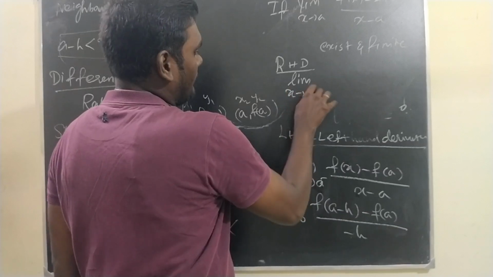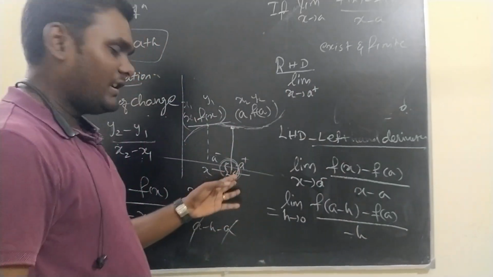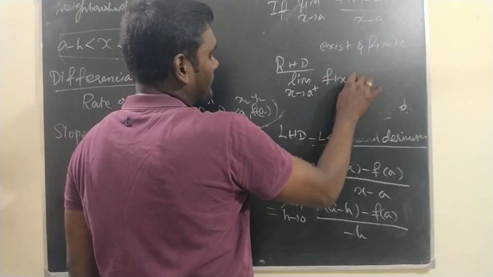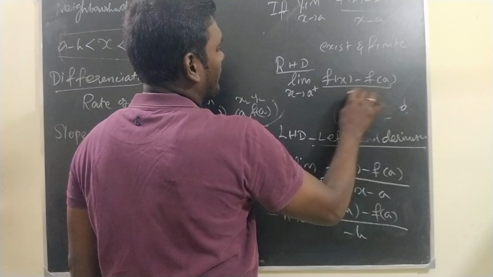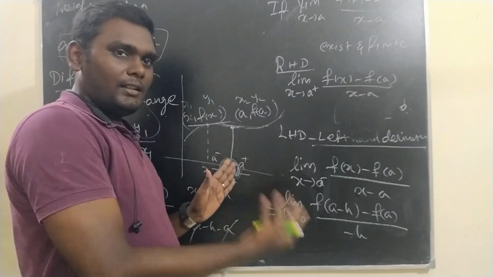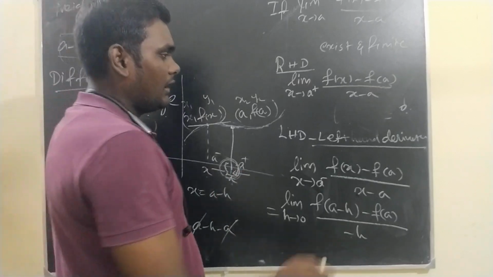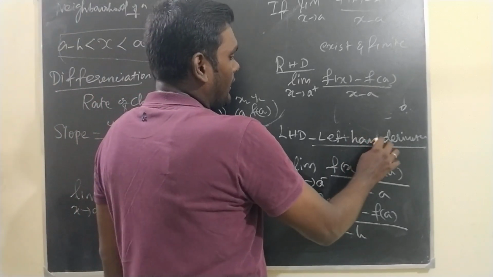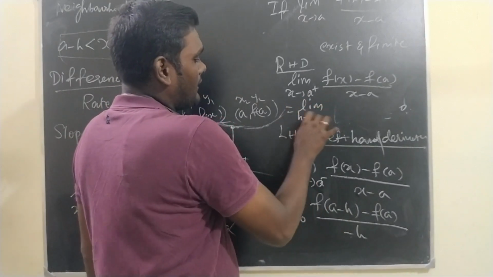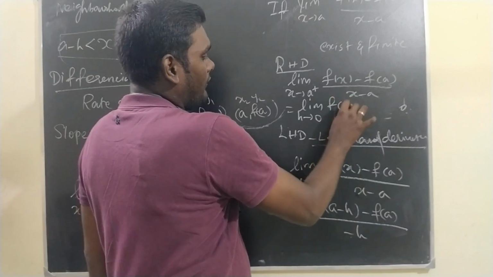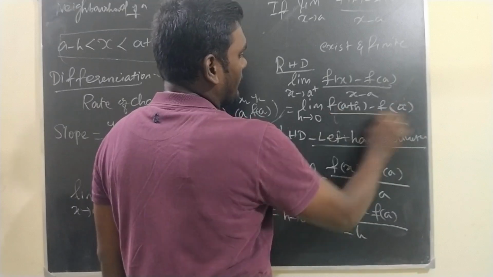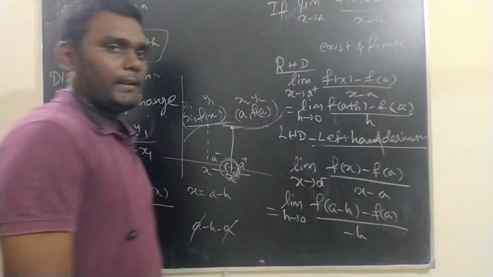Limit x tends to a plus, right hand means a plus only, right? f of x minus f of a divided by x minus a exists and is finite, because after the point a it exists and is finite. Then we may say it has a right hand derivative, right? So that equals limit h tends to 0 f of a plus h minus f of a divided by h. This will exist and be finite.